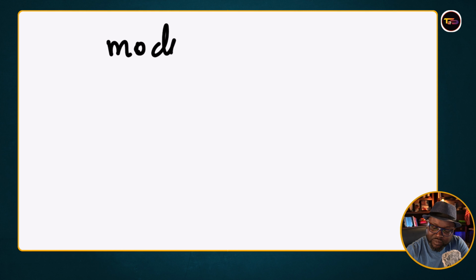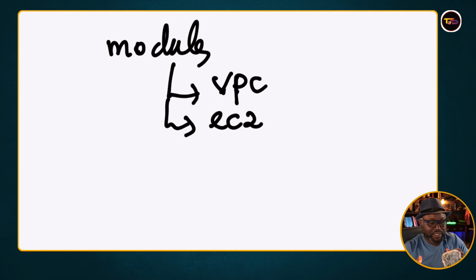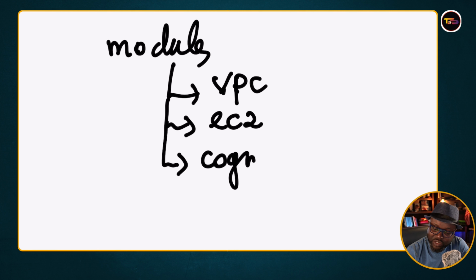Under modules you have different things. You can have VPC, which stands for Virtual Private Cloud, that's your network. There you can also have EC2, which is the grouping of all of your resources, such as the virtual machines that you want to spin up. Here you can have something like Cognito, a service that allows your users to authenticate themselves before accessing your web application.